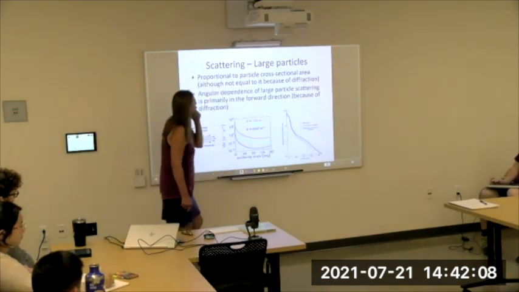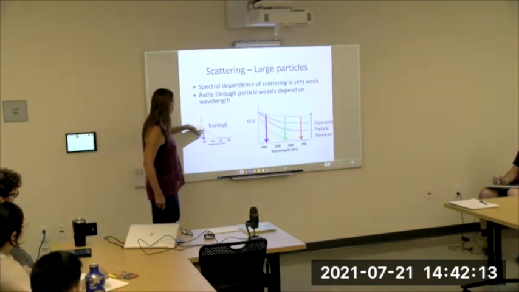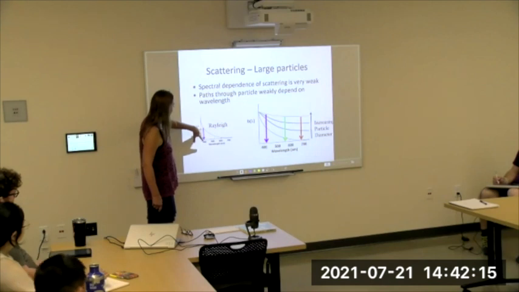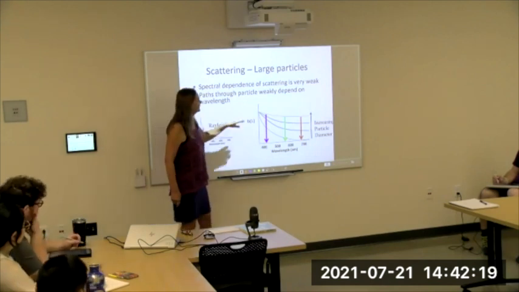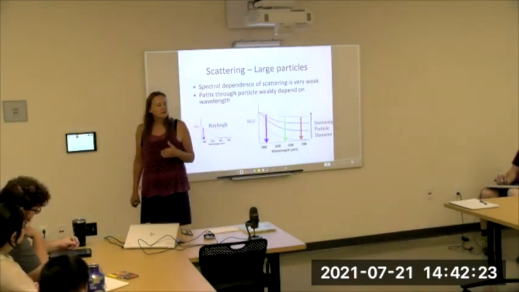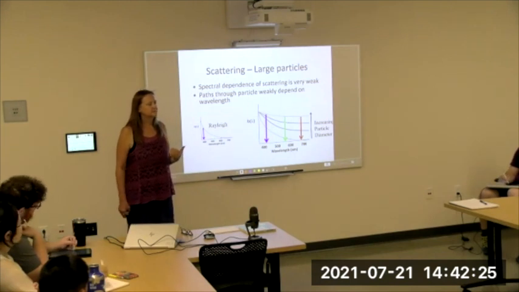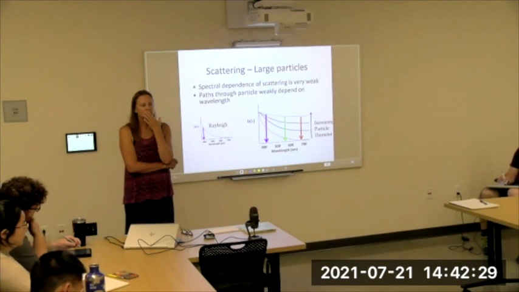And it turns out that unlike the very small particles, which have enhanced scattering in the blue compared to the red, the larger the particles, the more they scatter light equally at all wavelengths. Why do you think that might be?